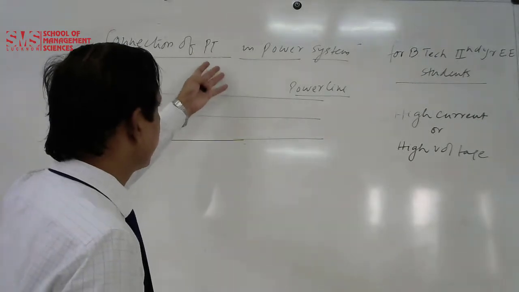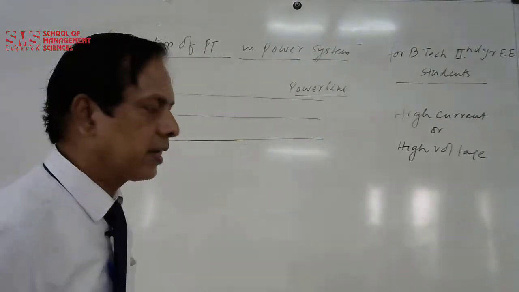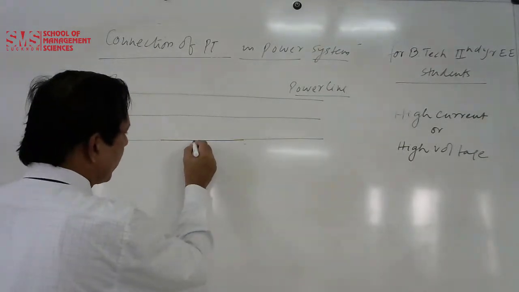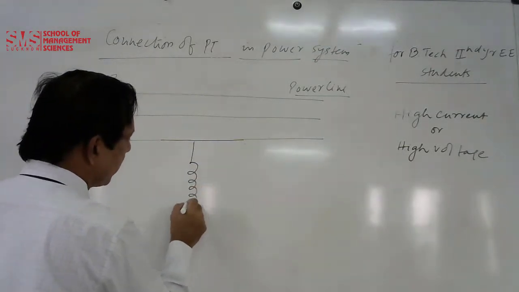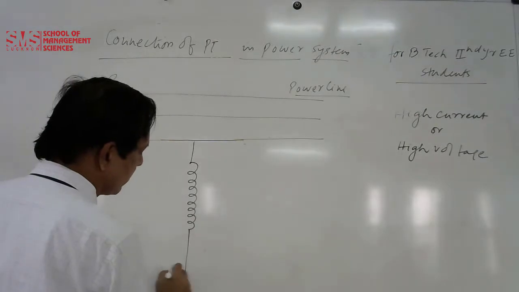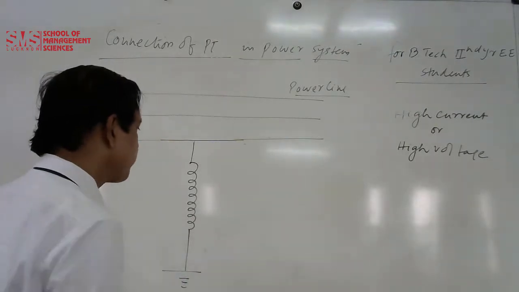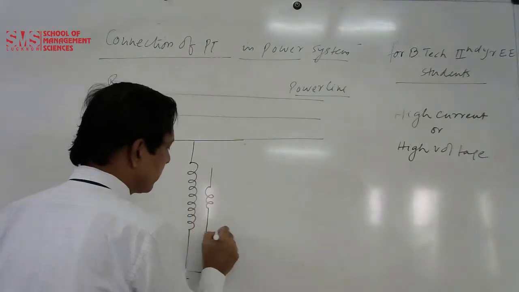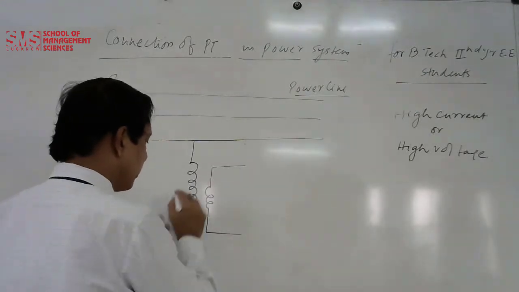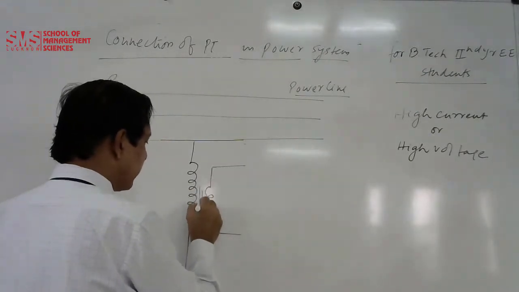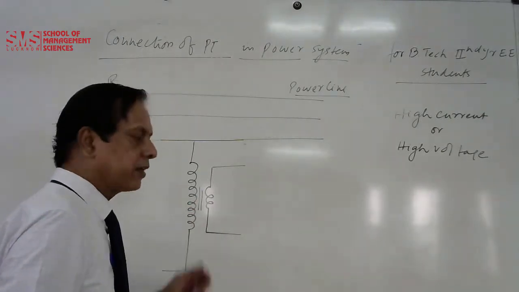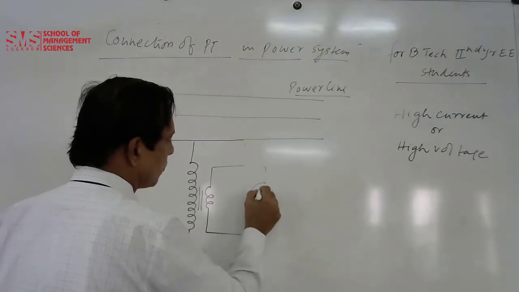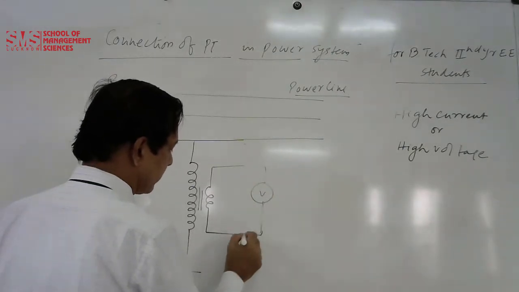Now see how the potential transformer is connected across the power lines. Out of the three power lines, one of the power lines is provided with a high number of turns, which is then grounded. The secondary of the potential transformer has a very low number of turns and is provided with a voltmeter, as is this one.